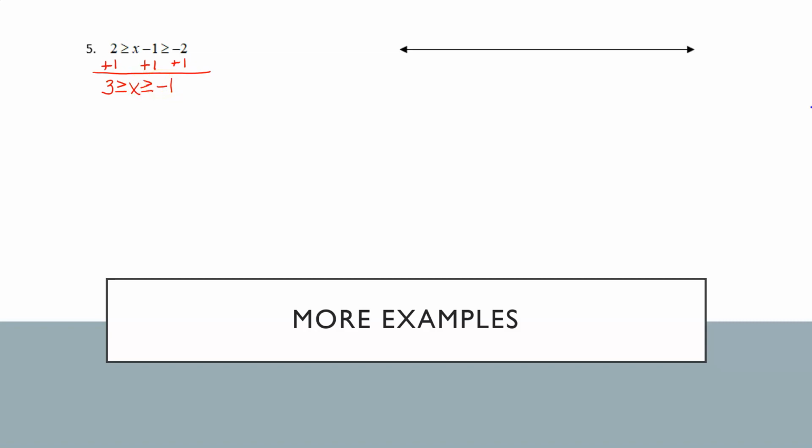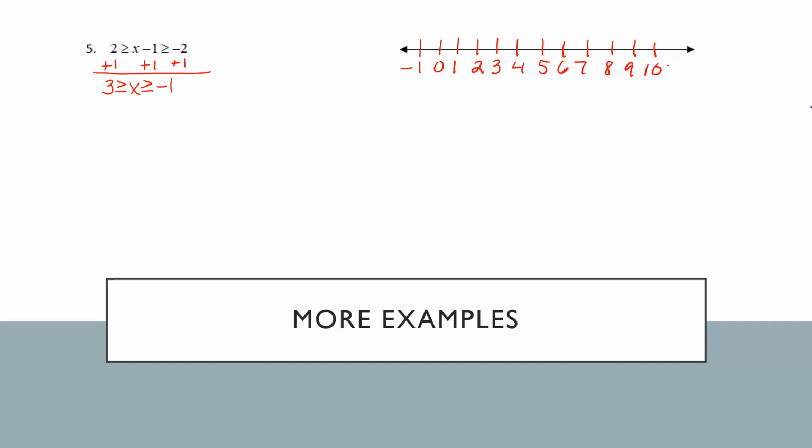Okay, so now we're going to graph these. I'm going to use negative 1, 0, 1, 2, 3, 4, 5, 6, 7, 8, 9, 10.